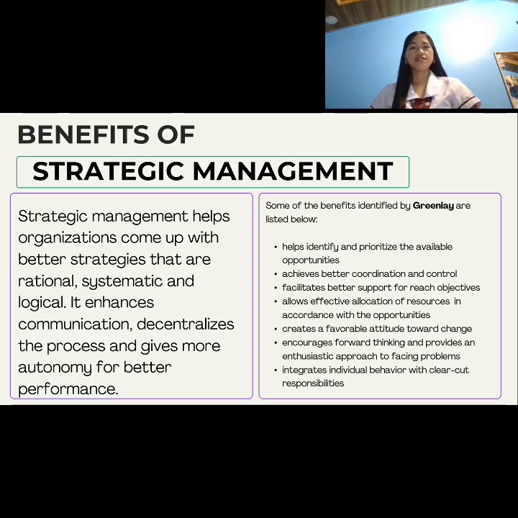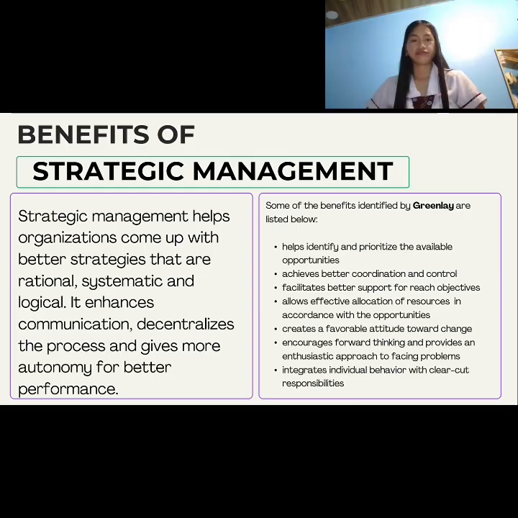Third, facilitates better support for reaching objectives. When everyone understands the goal, it's easier for people to cooperate and work together to achieve them. For example, sa retail chain that wants to improve the customer satisfaction. So, with strategic management, ang company nila is nag-set og goal, which is make every customer visit a 5-star experience.